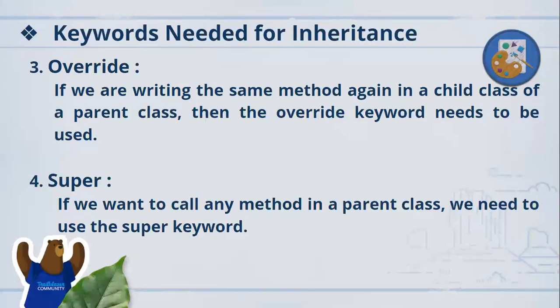Similarly, there is another keyword, super. If you have overridden a method inside a child class and you want to call the method from the parent class, you have to use the super keyword. This tells the compiler that this particular function should be called from the parent class.